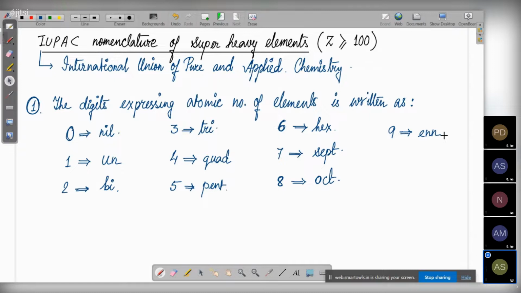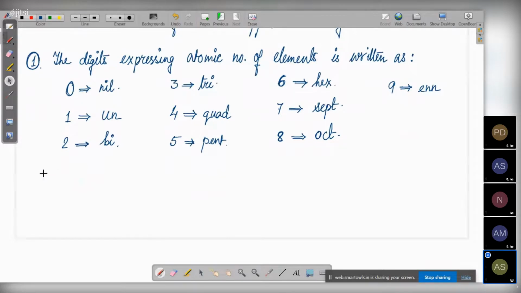And then the second point is that the roots are then put together. That means the letters and the digits are put together.